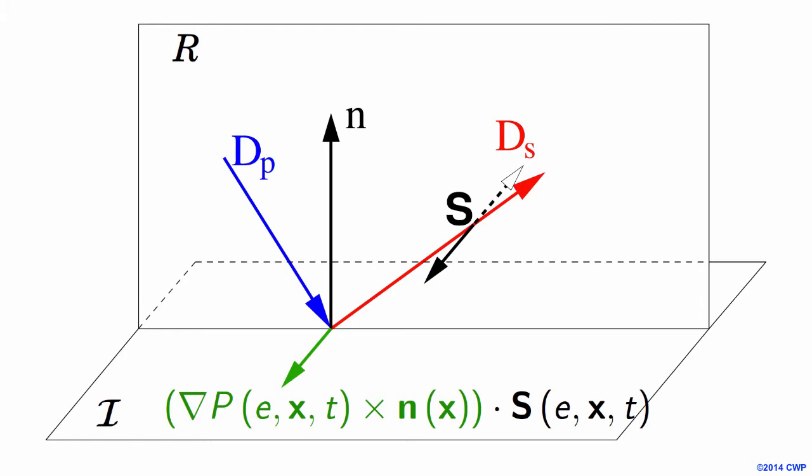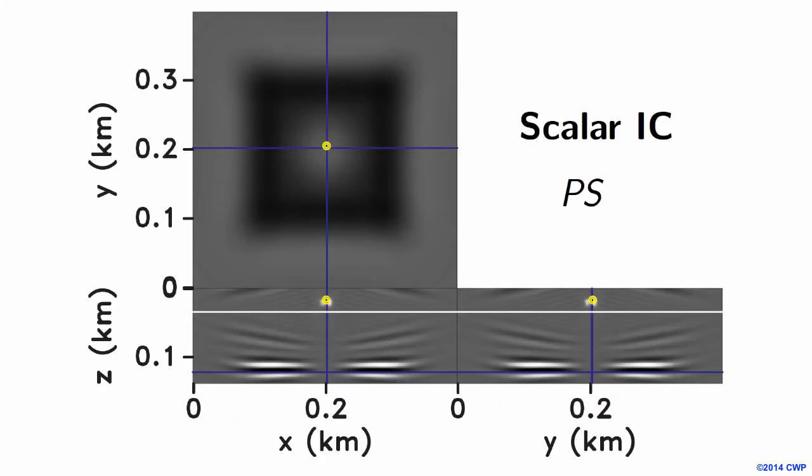And here, notice that the green vector is orthogonal to the reflection plane, and the vector S is also orthogonal to the reflection plane, so they are parallel. Now we do a dot product between the two vectors and get a scalar image at the reflection point. I apply the scalar imaging condition to the former 3D example, and we get a scalar image.